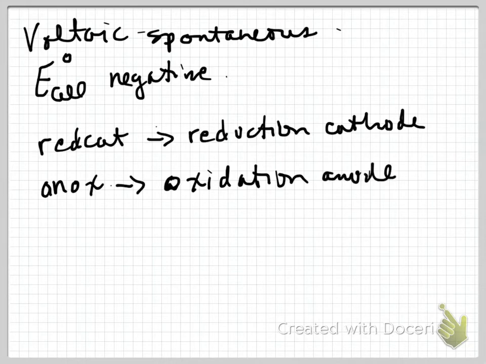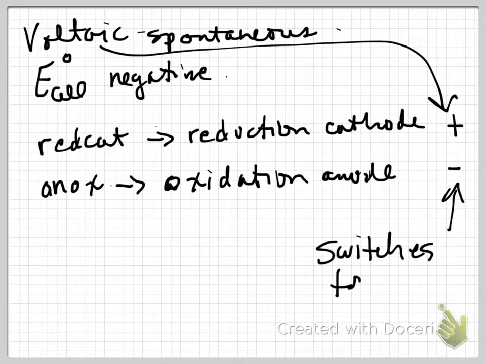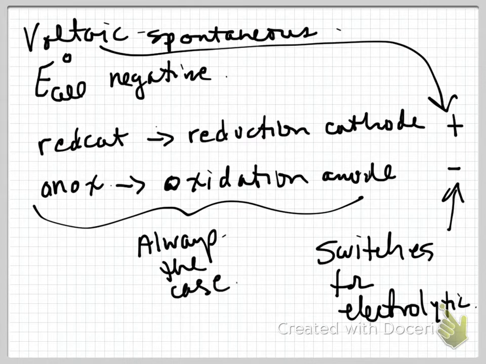Okay. For a voltaic cell, the cathode is positive and the anode is negative. This is the part that switches for an electrolytic cell. Okay. This is always the case, no matter what the cell.